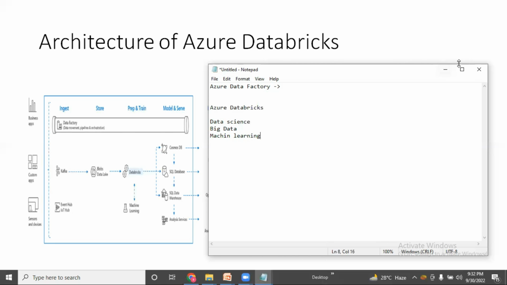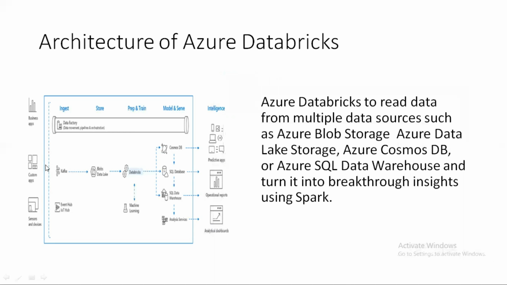So there are different options. You can fetch data from custom apps, sensors and devices, business apps. There are multiple data sources. You can fetch data into Azure Databricks, and then on top of it you can do different things.